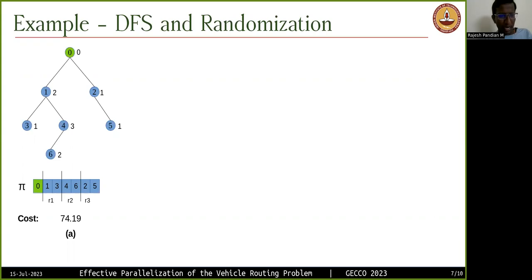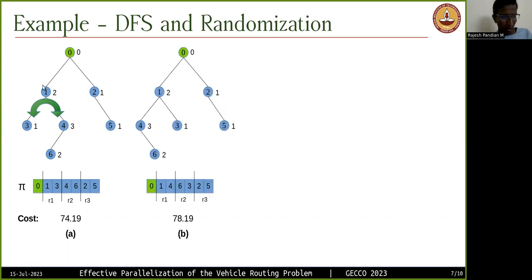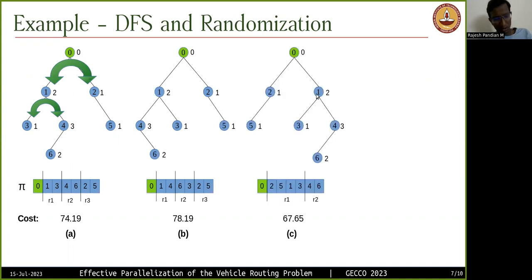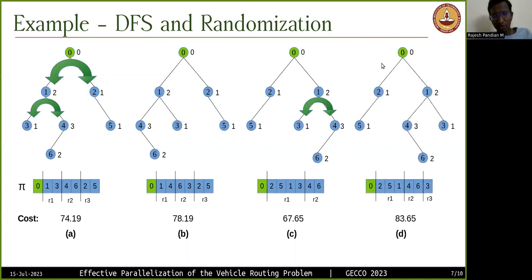So randomization of neighbors basically interchanges the neighbors. In this case, 3 and 4, the neighbors of 1, get interchanged to give the second configuration. Similarly, the neighbors of the depot, 1 and 3, can be interchanged to give a third configuration. Similarly, nodes 3 and 4 can be interchanged to give a fourth configuration.